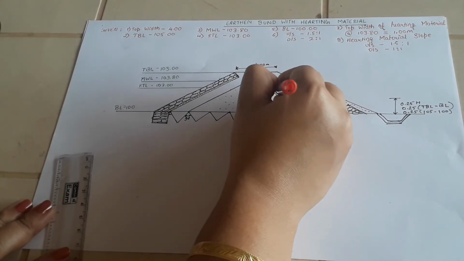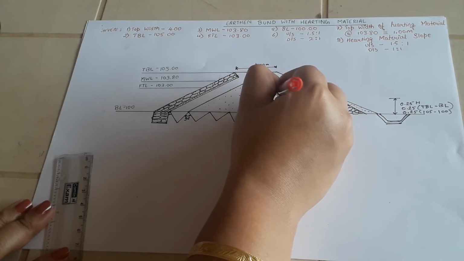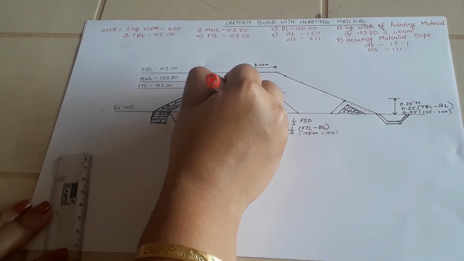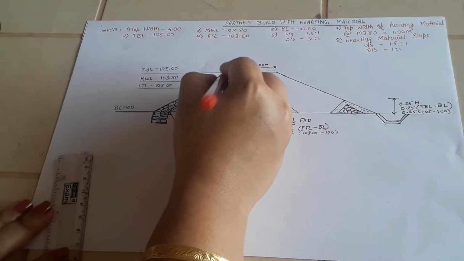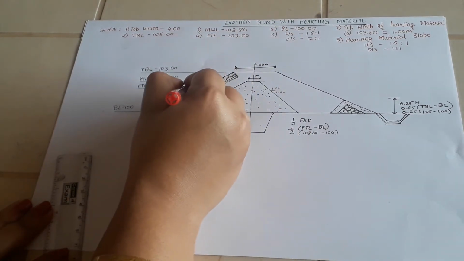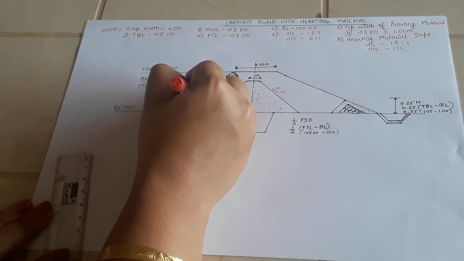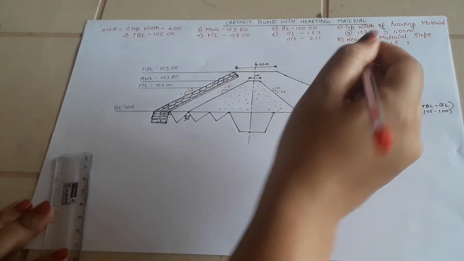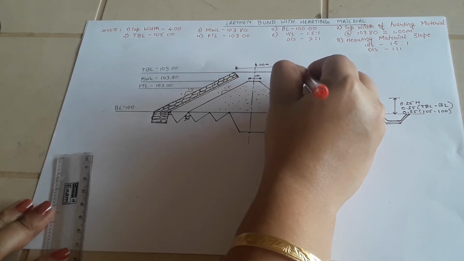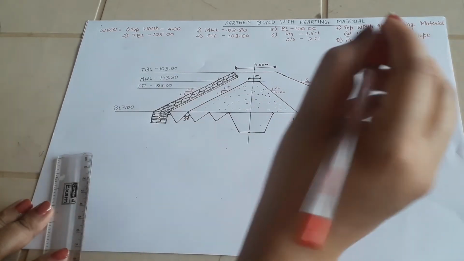Please show the side slope 1:1 here. Upstream it is 1.5:1. Similarly here also it is 1.5:1. Downstream it is 2:1.